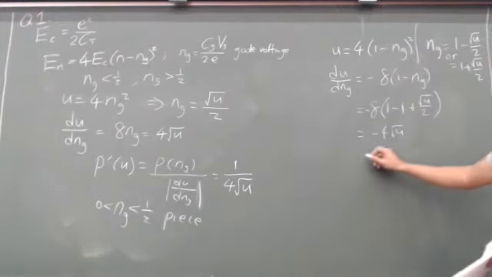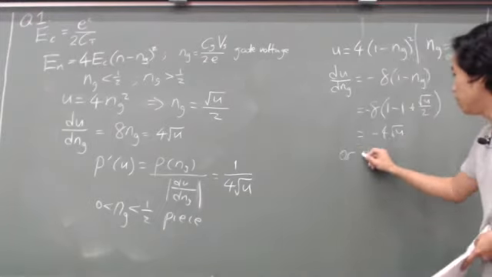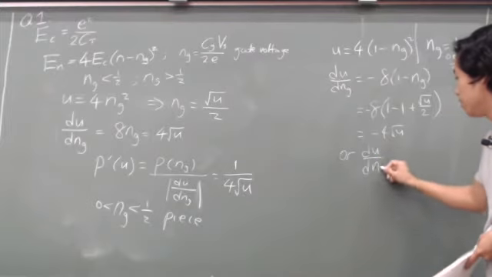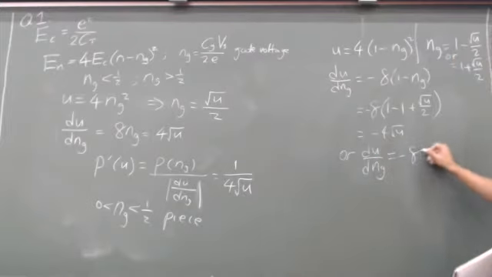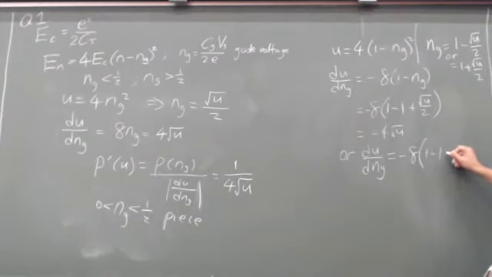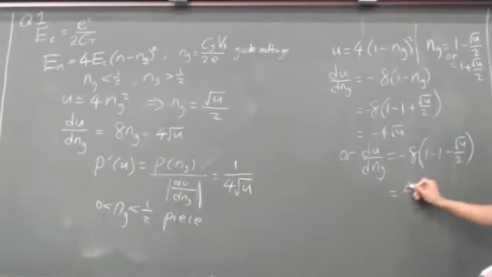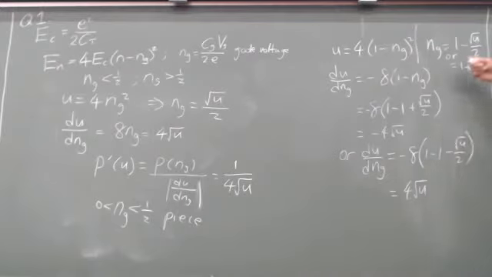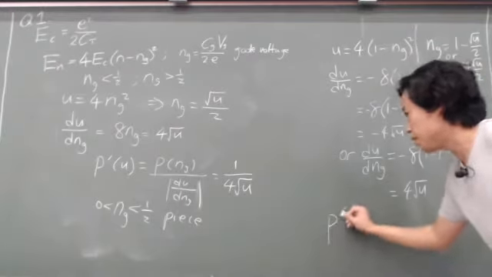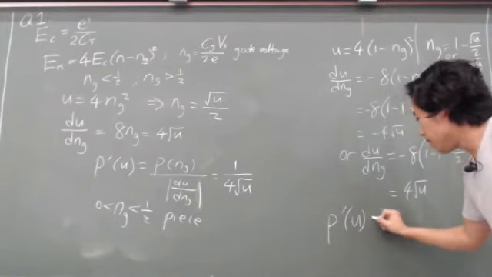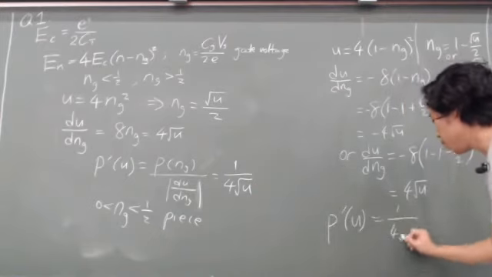Or with the other case, dU/dng is equal to minus 8 times (1 minus (1 minus root U over 2)). The ones cancel out again, but the minus signs cancel out, so it equals 4 root U. So when you take the absolute value, it doesn't really matter which you take. These two give you the same answer. And the probability distribution for this piece is, again, 1 divided by 4 root U.